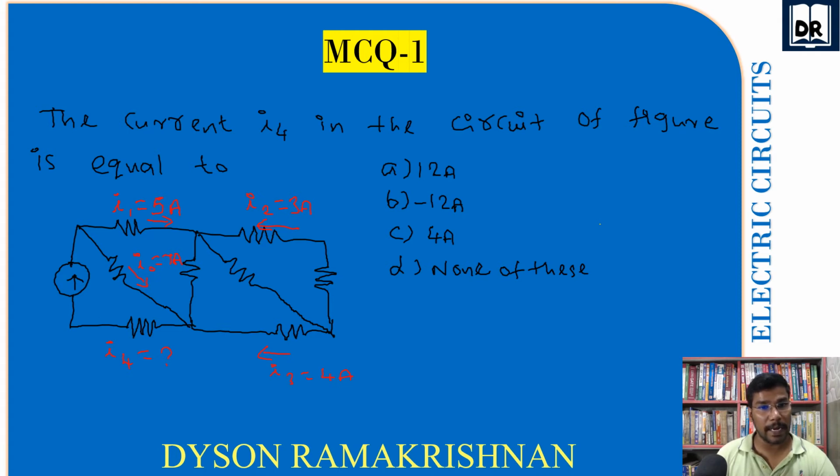But if you take this node, there is only one entering current, and we don't know that current, so we have to leave this one and choose the second option. This is the node we have to take for Kirchhoff's current law, KCL.